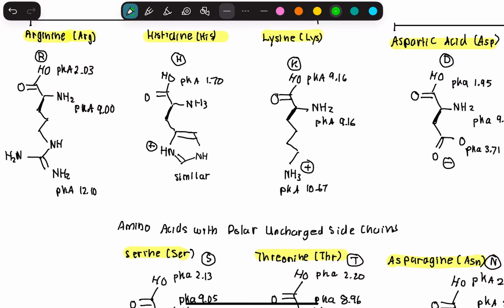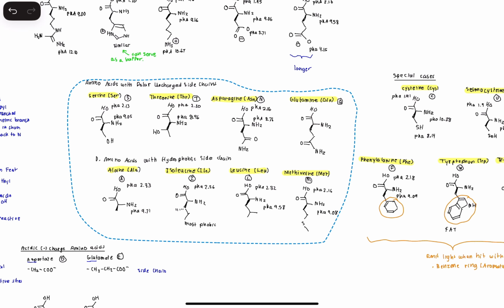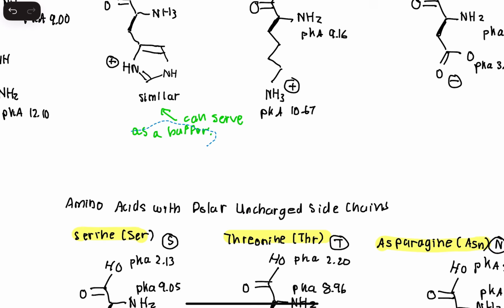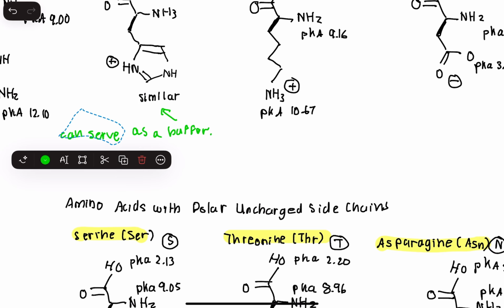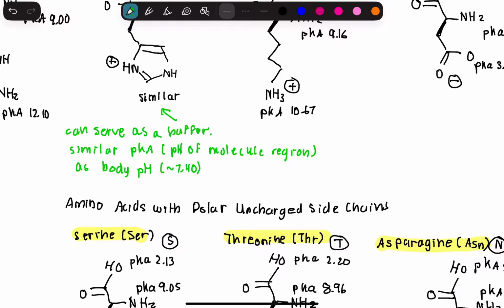Now what's significant about this, and what it means by it can serve as a buffer, is that as body pH, which is approximately 7.40. So that's why it can serve as a buffer.